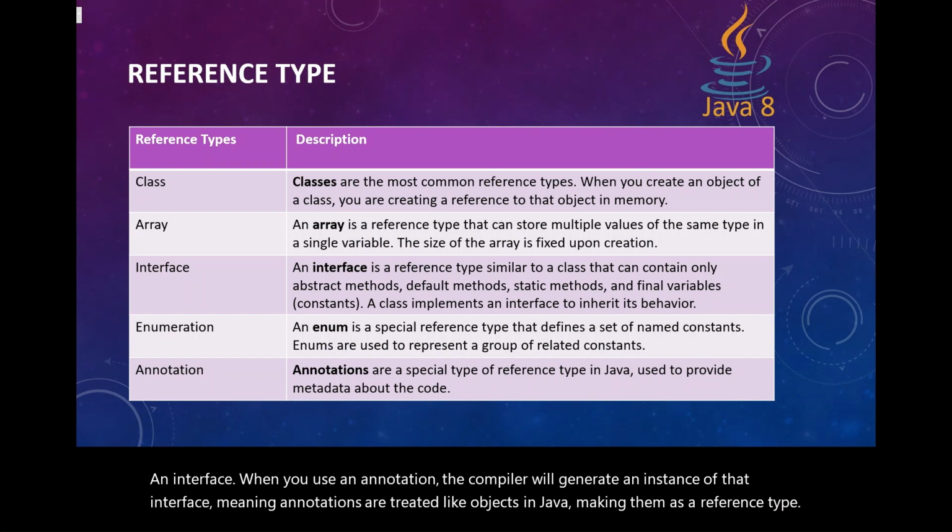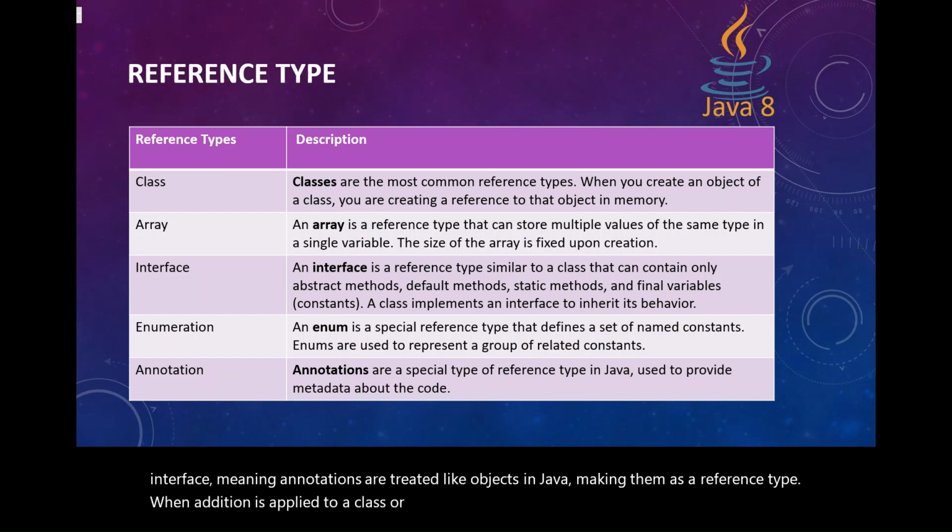When an annotation is applied to a class or a method, it behaves similarly to the reference types. Annotations are stored in the class file and can be accessed at runtime.